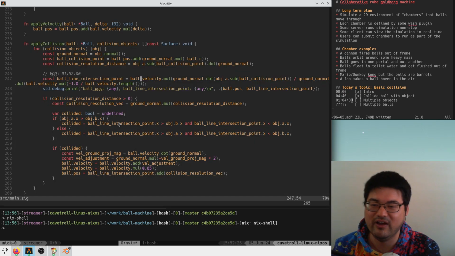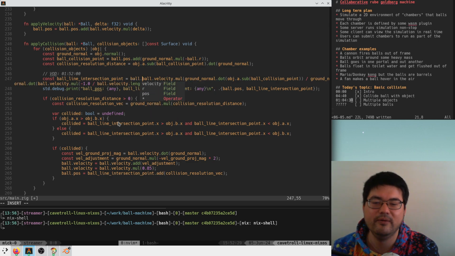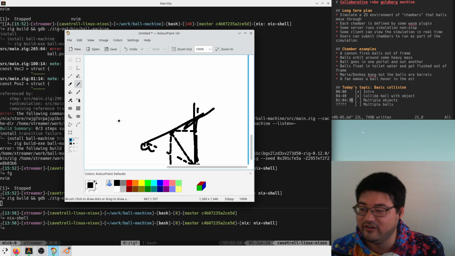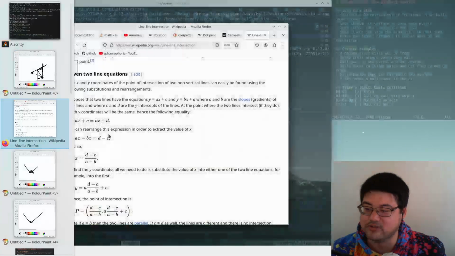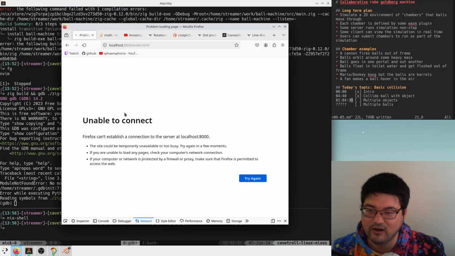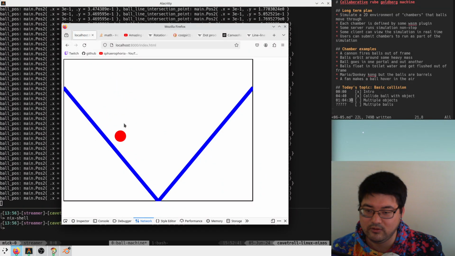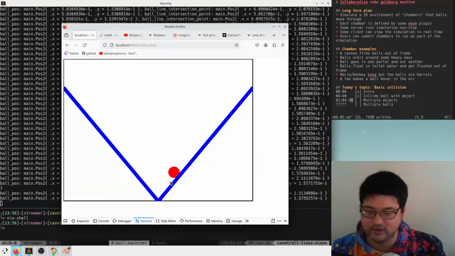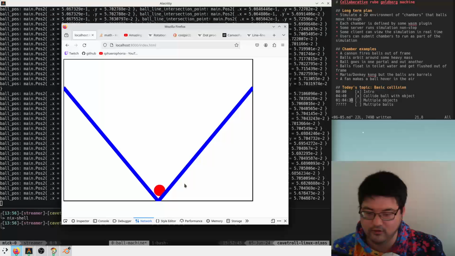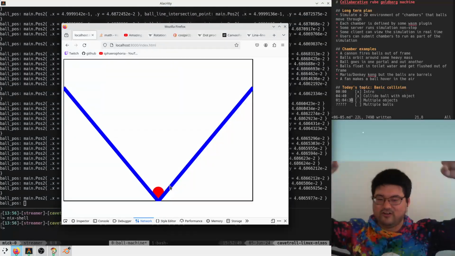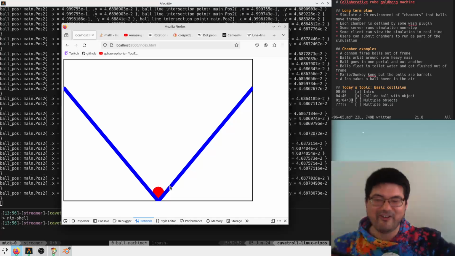So 265. Oops, ball, pause, add this. There you go. In the direction of negative velocity, no? I think I got the negative in there, but I could have missed it. It looks like it's good. And does this fix the fact that it falls to the ground? Let's go, baby! Let's go!